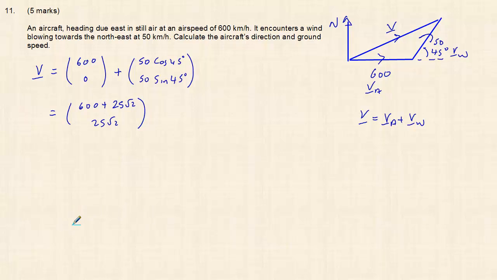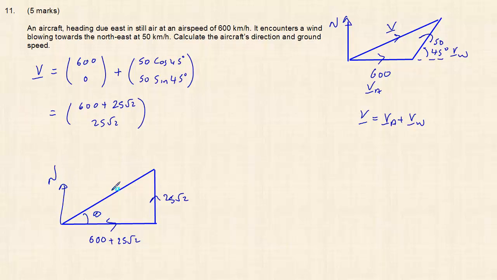So now we could use a right-angled triangle to find what we want to find. So we have a component along here, which is 600 plus 25 root 2, and a component up here which is 25 root 2, and we need this angle here, which I'll call theta. We know that north is up here, and we want this resultant along here.